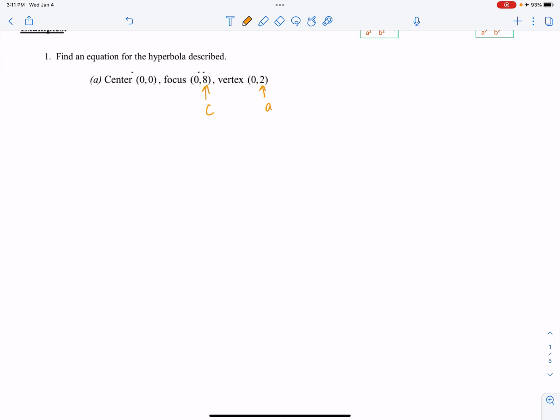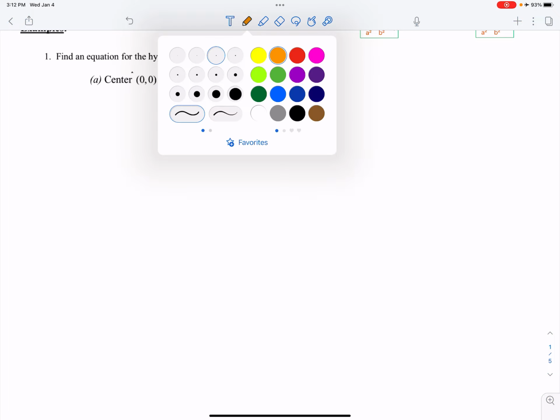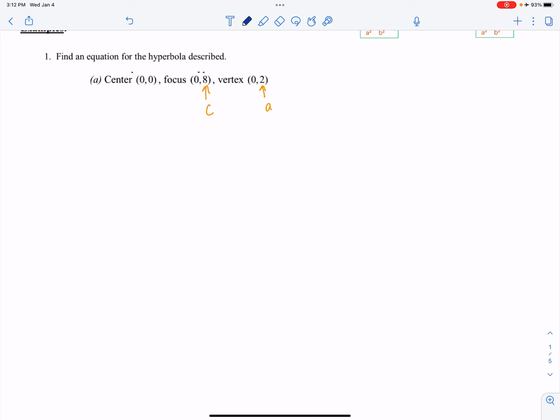Since we have our center at (0, 0), focus at (0, 8), and vertex at (0, 2), we can see that it's really focusing on the x value of 0.